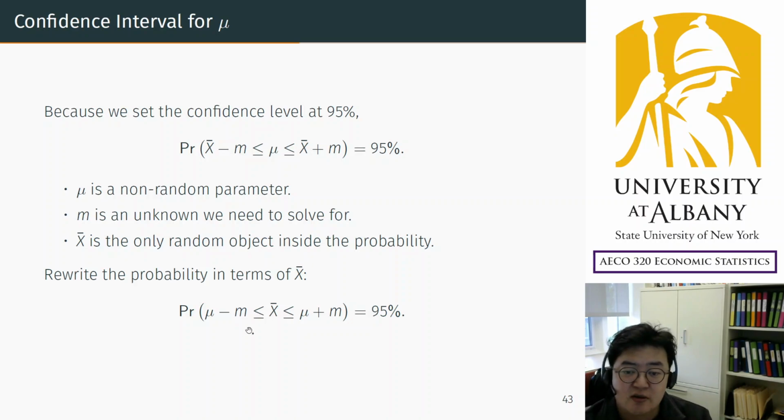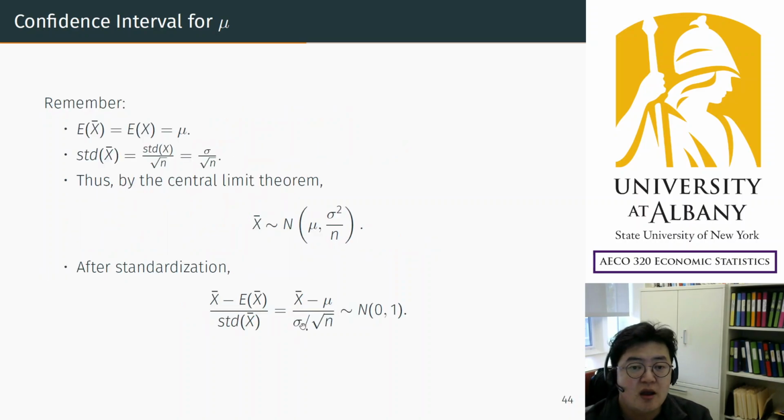So let's start. We know it is normally distributed, and also we know the parameters for the normal distribution. The expectation of the sample average equals the population expectation, and the standard deviation of the sample average equals the population standard deviation of a single outcome divided by the square root of n. The standard deviation is denoted as sigma.